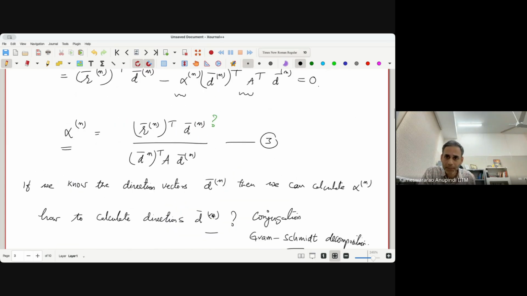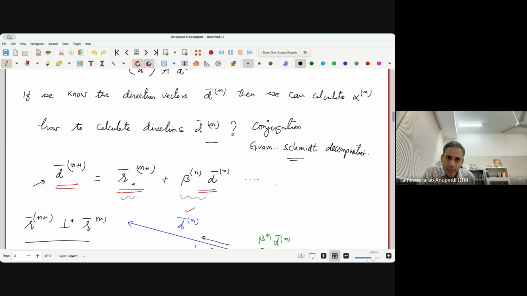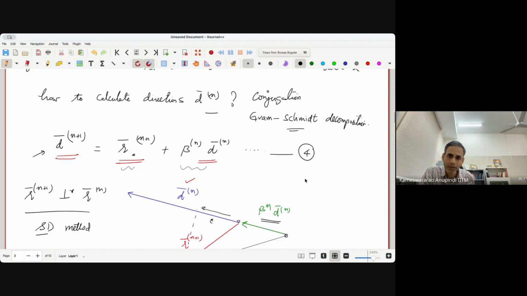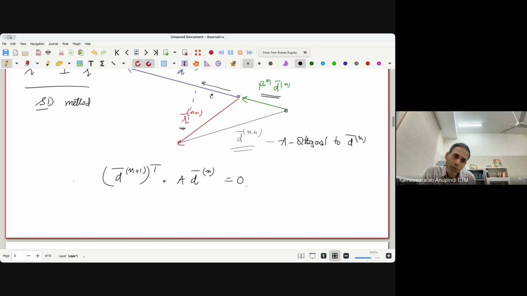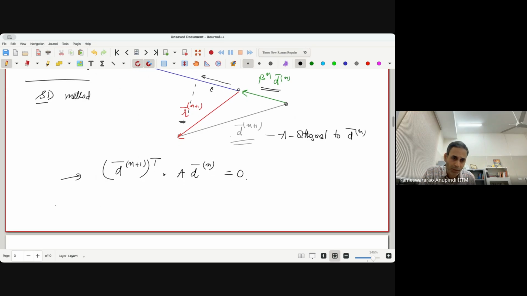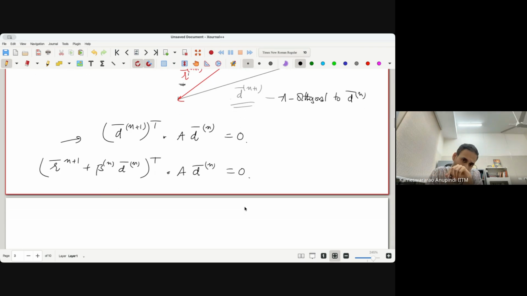But then let me substitute for d n plus 1 bar from equation 4 into this A orthogonality condition. That is going to give me R bar n plus 1 plus beta n d bar n transpose times A times d n bar equal to 0. Okay, so that's what I have.